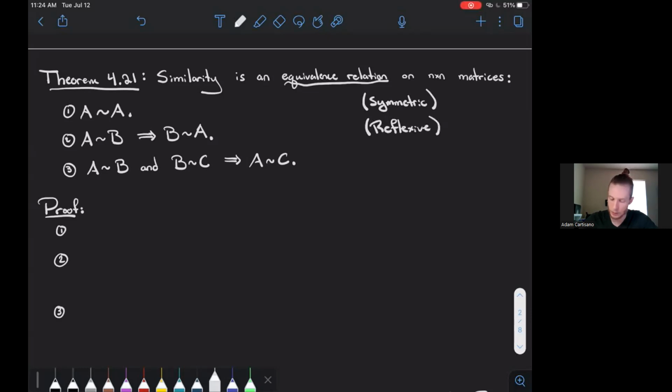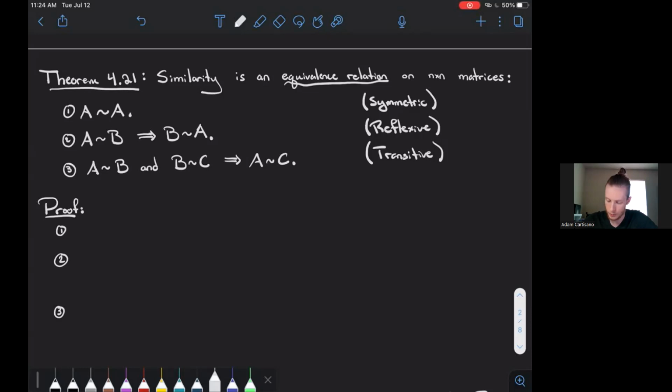That is, if A is similar to B, then B is similar to A. And transitive. That is, if A is similar to B and B is similar to C, then A is similar to C. You've seen all of these things show up in some algebra class somewhere, probably.